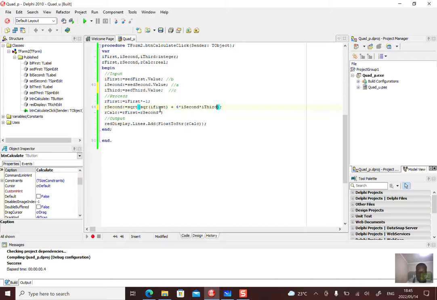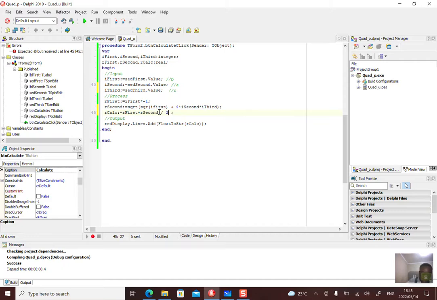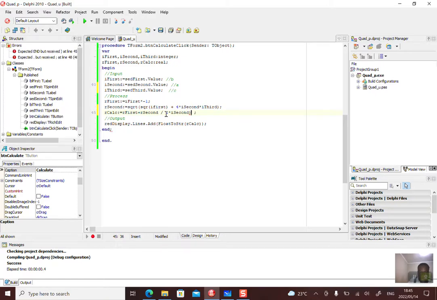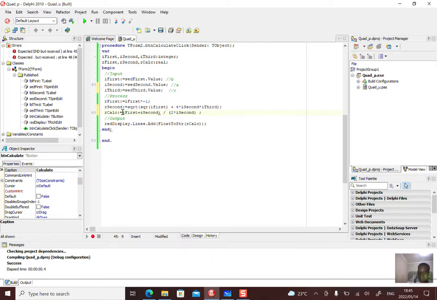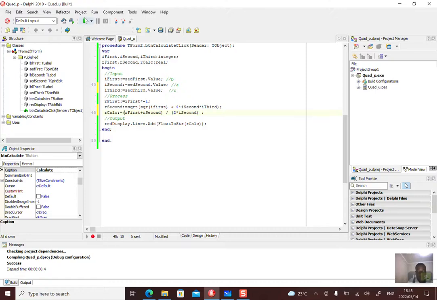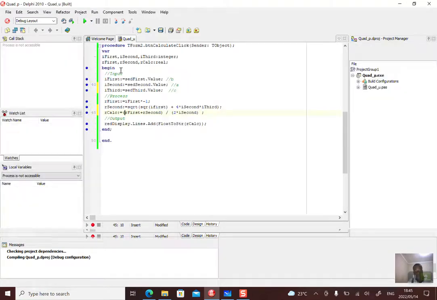So right here, I'm just going to go on R calculate, and I'm going to say divided by 2 times I second. And I'm just going to put that in brackets to show that it's going to divide by one thing, since you know BODMAS is what it's supposed to have.